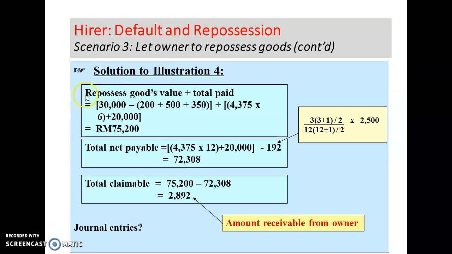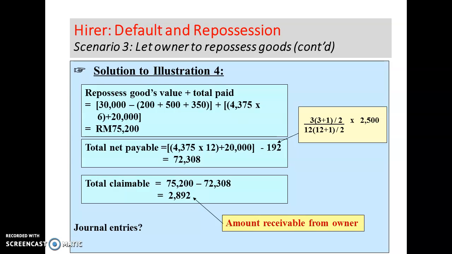Let's calculate the goods value and total amount paid so far. The price on the repossession date is 30,000. Make sure this is the price on the repossession date; don't take the cash price or hire purchase price. Then you deduct any repossession costs, then add all the amount paid so far.